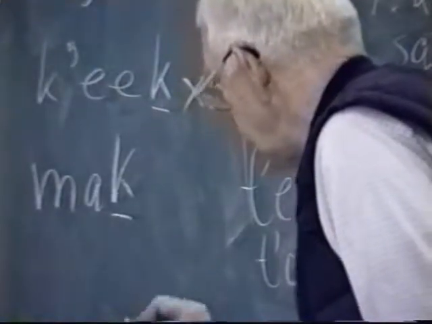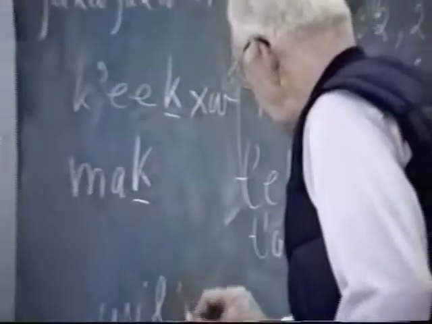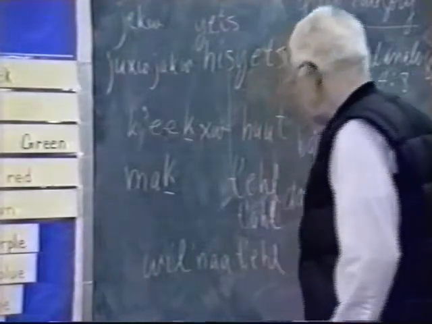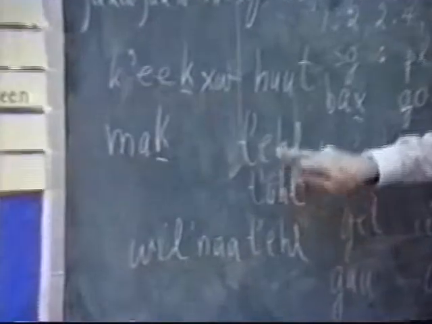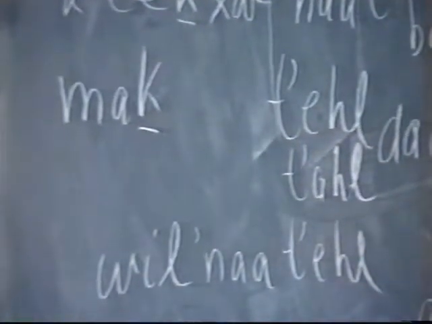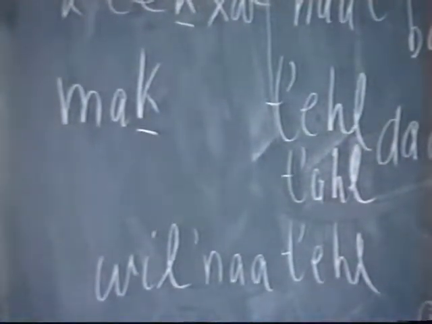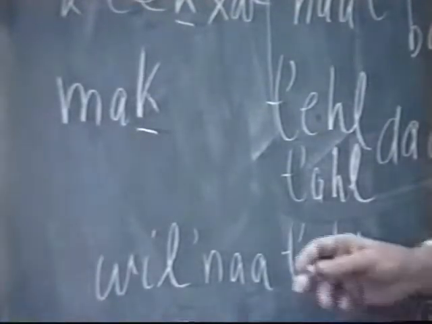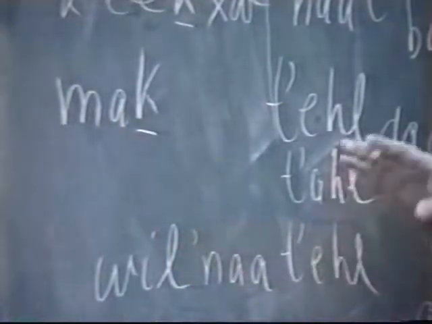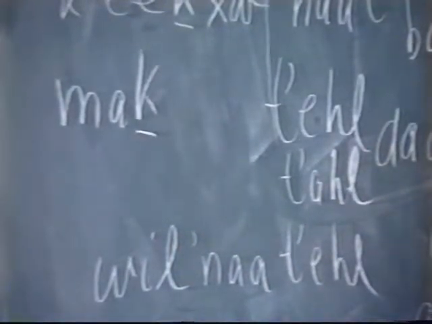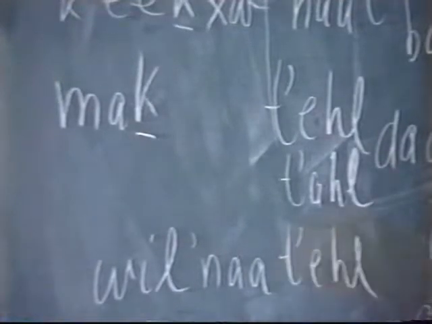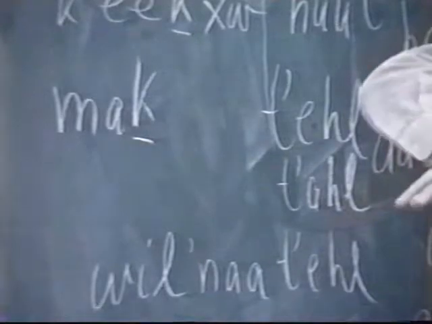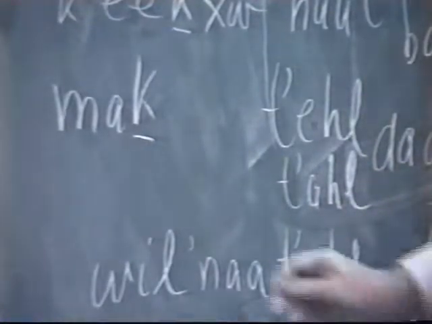And a word that's culturally quite important in Western Gitksan has this same stem, tash: will not tash. If we begin to break it down, if we didn't know anything about the culture other than the language, we know that tash means for plural objects or people to be placed.